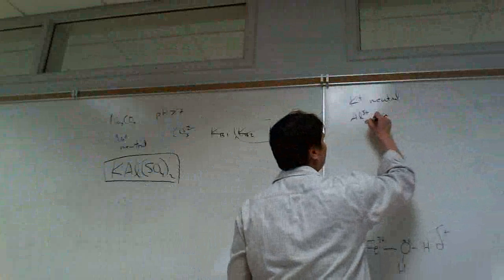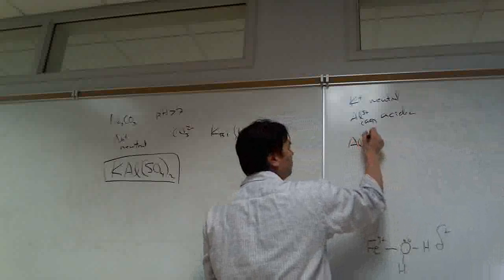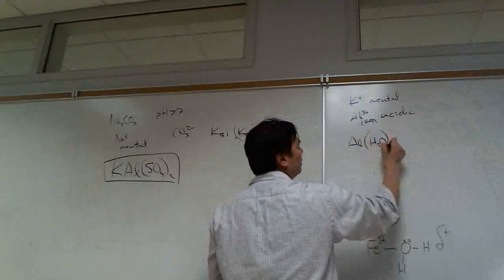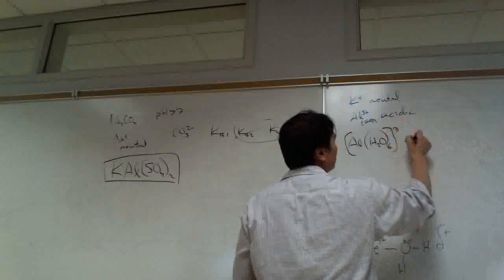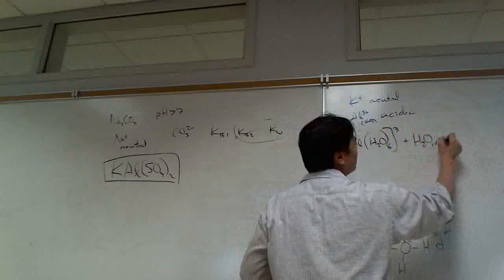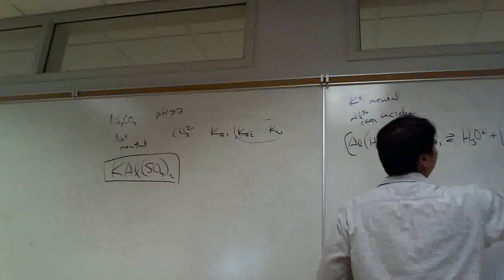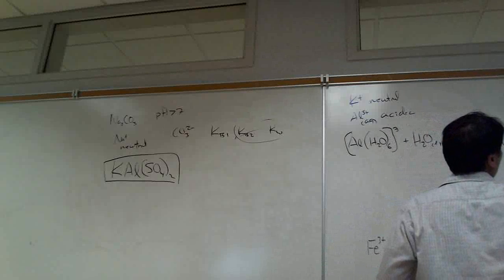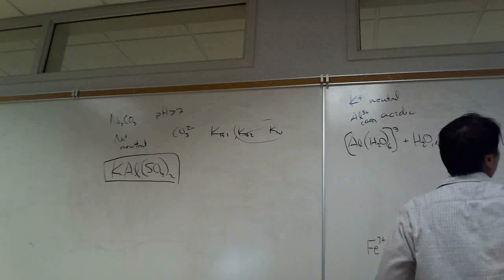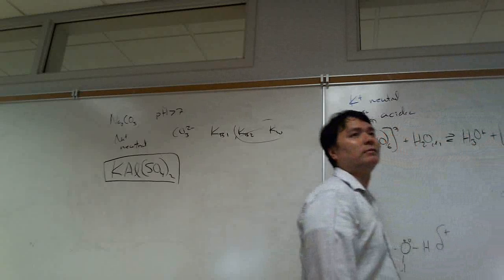Aluminum ions, aq, are acidic. Aluminum forms the hexa-aqua complex. And so just like iron, it can hydrolyze water to form hydronium and what? Penta-aqua hydroxo aluminum 3.